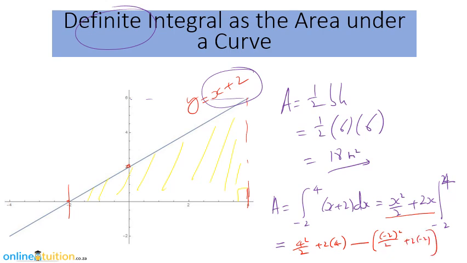So that's 4 squared over 2, that's 16 over 2, that should give me 8, plus 2 times 4, that is going to give me 8, minus, look at this, minus 2 squared is 4, 4 over 2 is 2, and then 2 times minus 2 is minus 4. And look at that, what is that equal to? Think about that. It's equal to 18. 8 and 8, 16 minus minus 2 gives you 18 square meters.